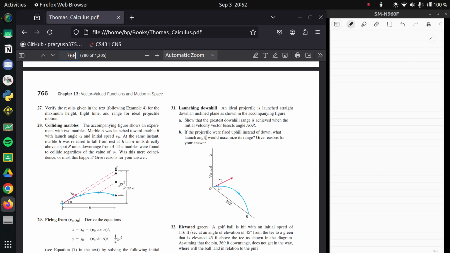Regardless of the value of V naught. What is half g t squared? It's r tan alpha. Was this mere coincidence or must this happen? How can they do it regardless of the value of V naught? That doesn't make sense. It's for every value of V naught.